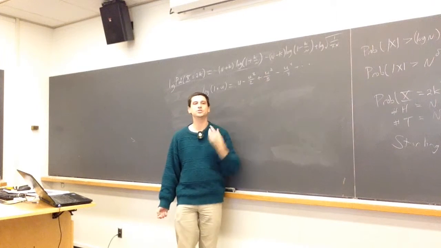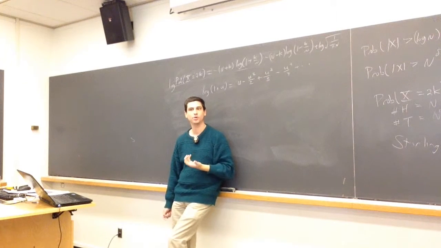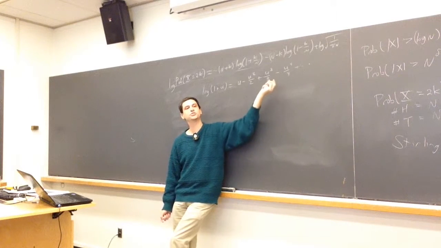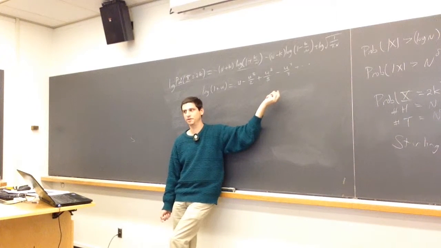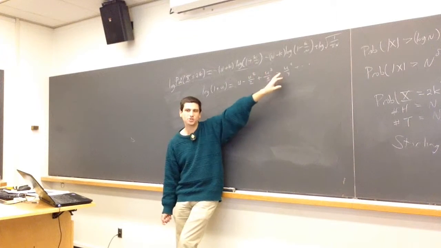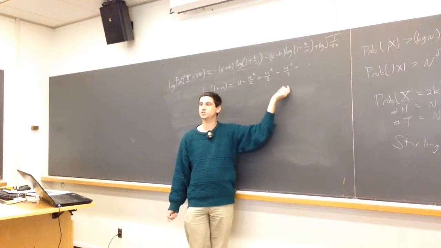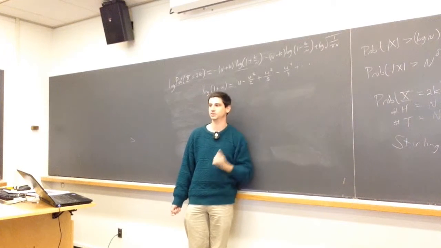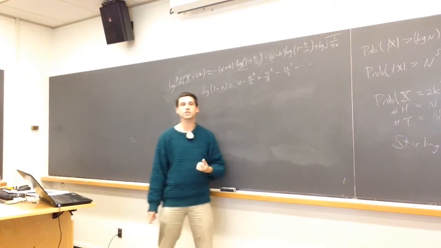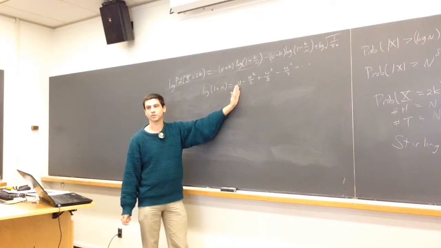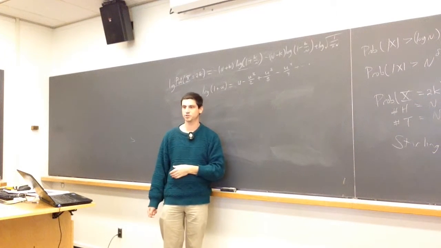K cubed is only going to be a little bit more than n to the 1.5. N to the 1.5 over n squared is going to be decaying like 1 over square root of n. Maybe it'll be like log squared over square root of n, but it'll be much, much smaller. So by the time we get to the cubic term, it's going to be a negligible error. And this is going to give us a more accurate expansion. If we just try truncating after here, we're still missing a sizable contribution.